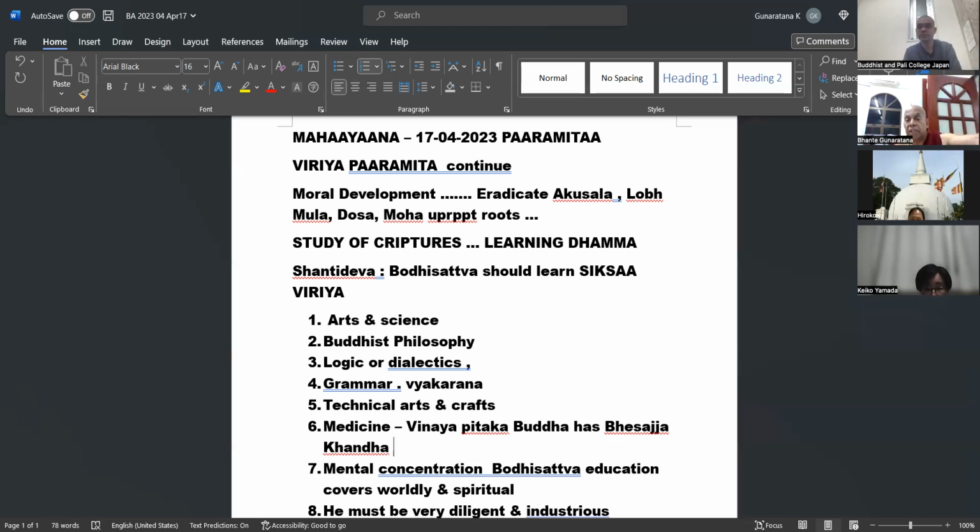One whole chapter dedicated by the Buddha to prescribing medicine.